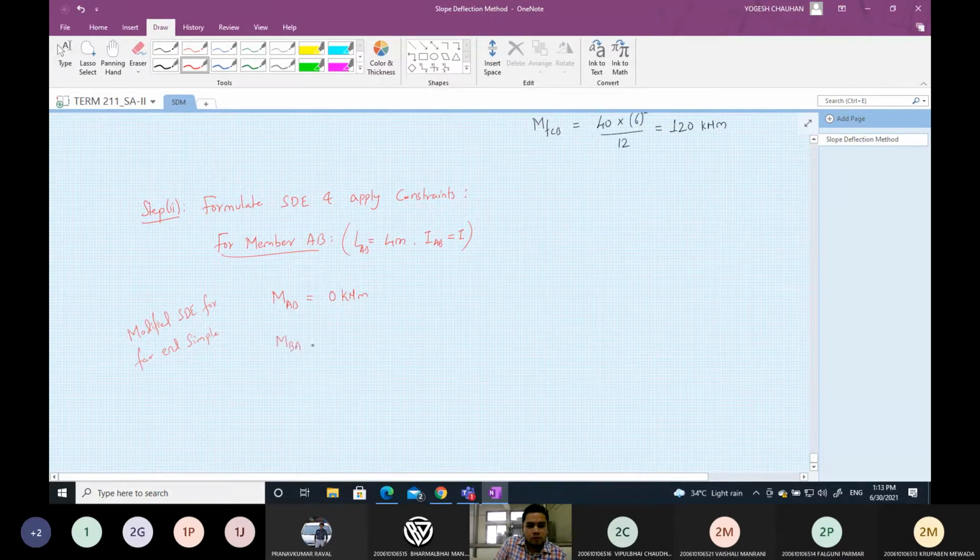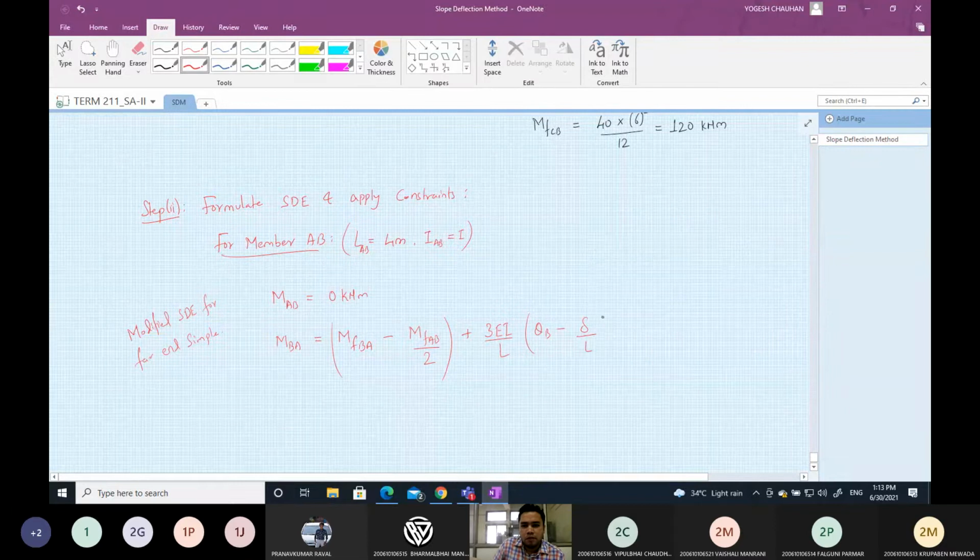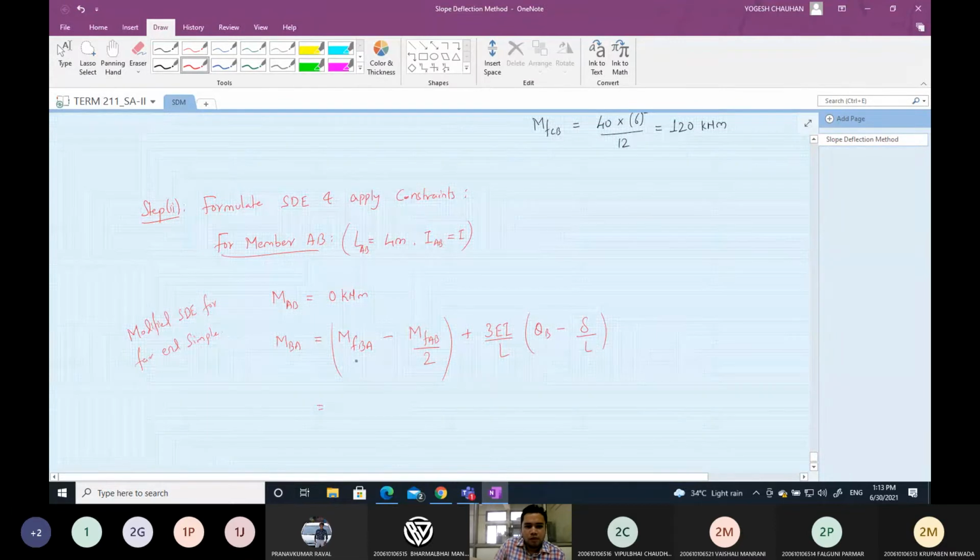And MBA will be MFBA minus MFAB by 2 plus 3EI by L into theta B minus delta by L. Now MFBA is 0 and MFAB is also 0, so this term will be 0, plus 3EI by 4 into theta B minus this term, which is also 0 because delta is 0.